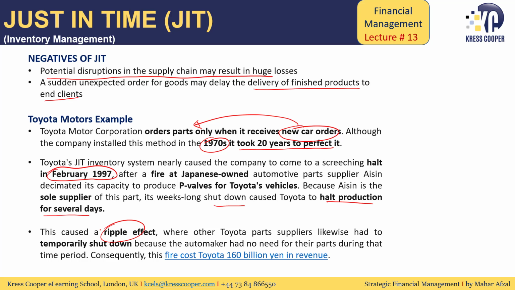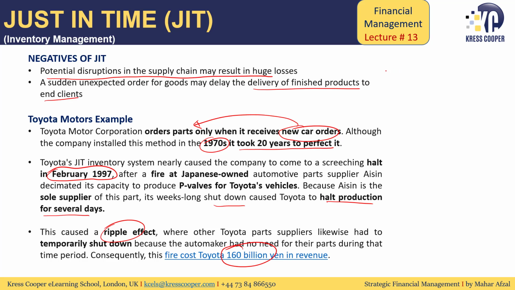So one supplier was not supplying, then the production plant was shut down at Toyota Motors, and other suppliers temporarily shut down their supply as well. Overall it led to 160 billion yen in revenue loss in just a few days. So these were the biggest negatives of just-in-time.